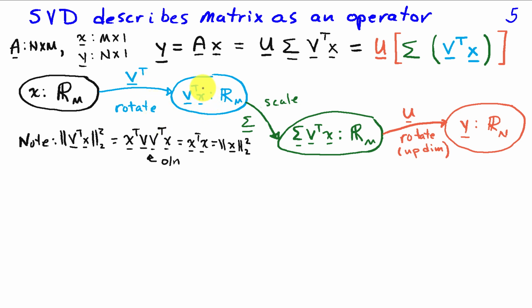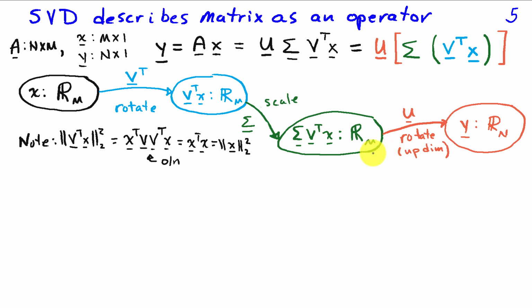So now I have this vector V transpose X, and I next apply sigma, the set of operations in green. Well, sigma is a diagonal matrix, and so it's going to have the effect of scaling each dimension of V transpose X. And then finally, we apply U, which has orthonormal columns, so again, that has the potential to be a rotation, but in this case, because U is taller than it is wide, we are also increasing the dimensions.